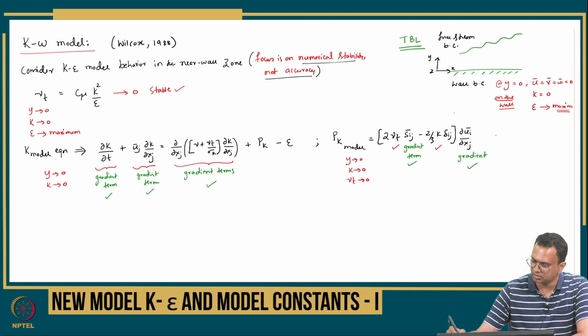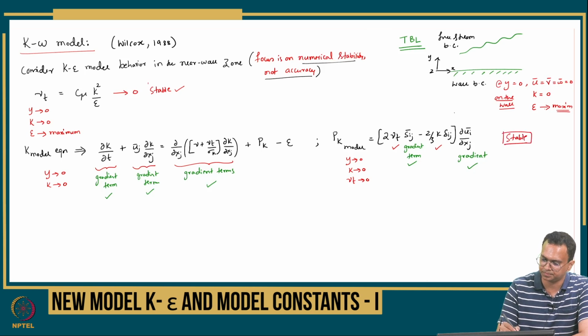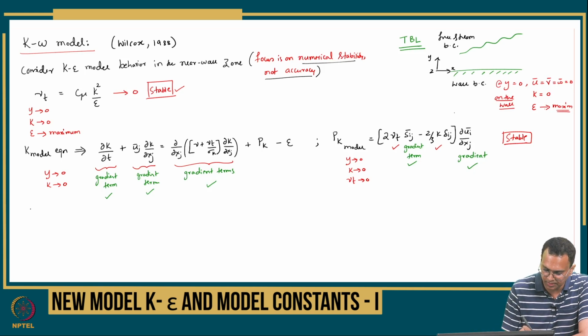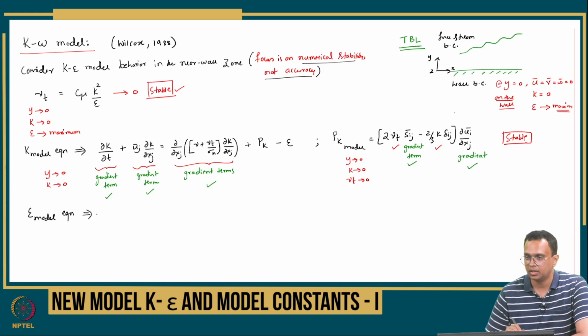So Pk model is numerically stable, just like eddy viscosity. So far so good. Now what are the other terms we have? We have epsilon. For epsilon we compute an epsilon model equation. So let's go back and see the epsilon model equation, whether that is also giving any numerical stability issues.